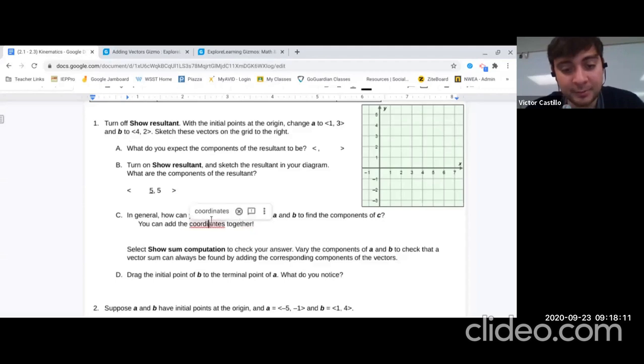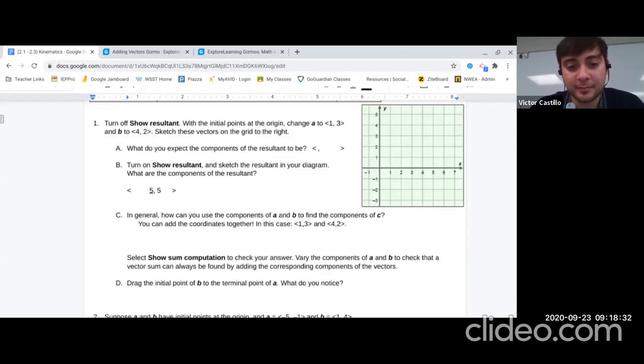In this case, we have A, which is 1 and 3, and B, which is 4 and 2. So you just add them: 1 plus 4 and 3 plus 2. And what does that give us? That gives us 5 and 5. Boom, right there.